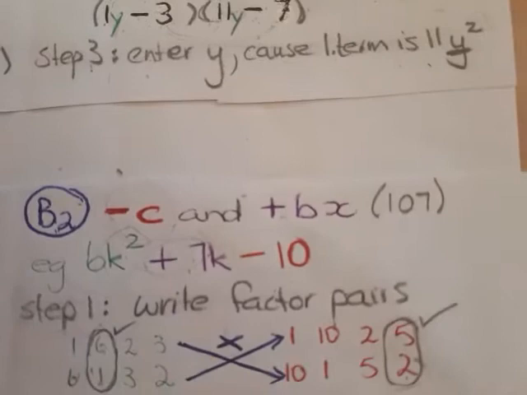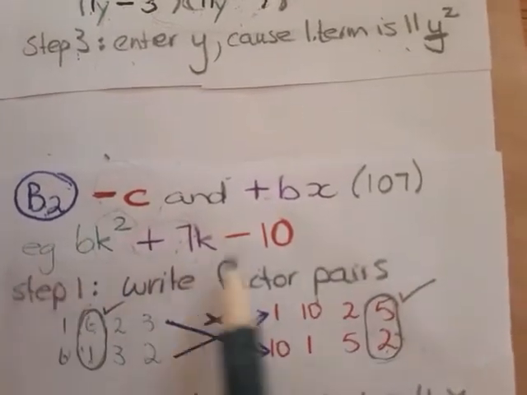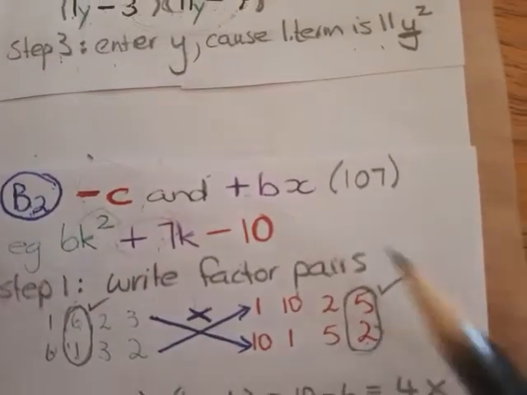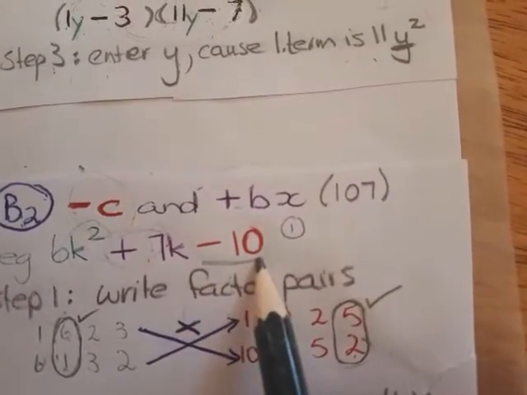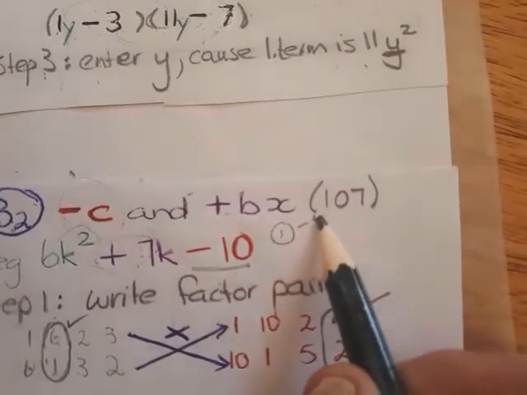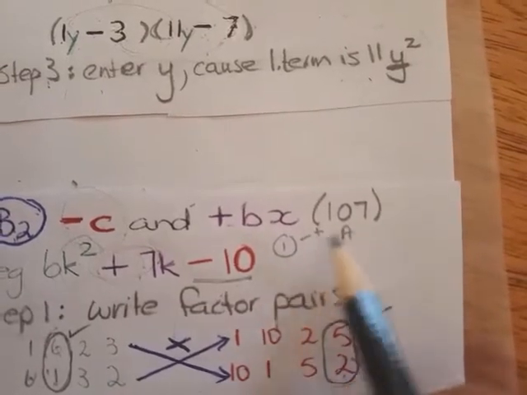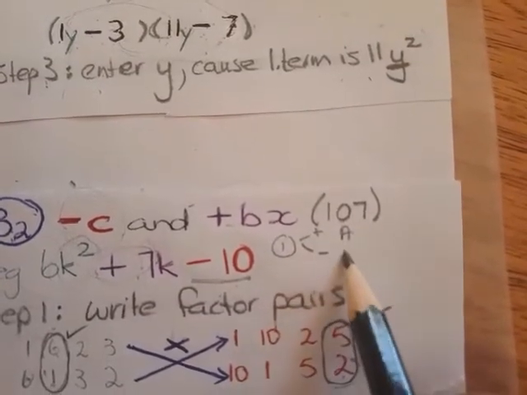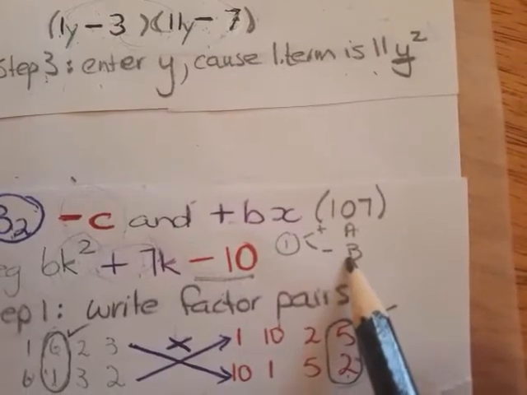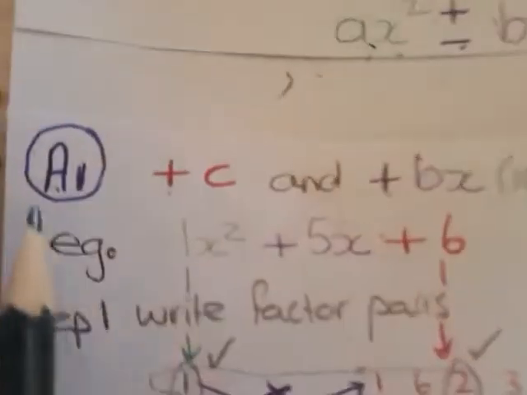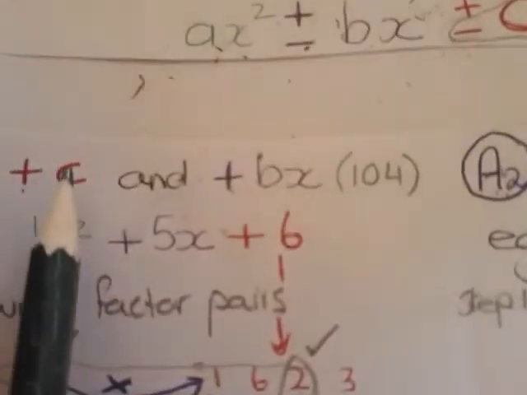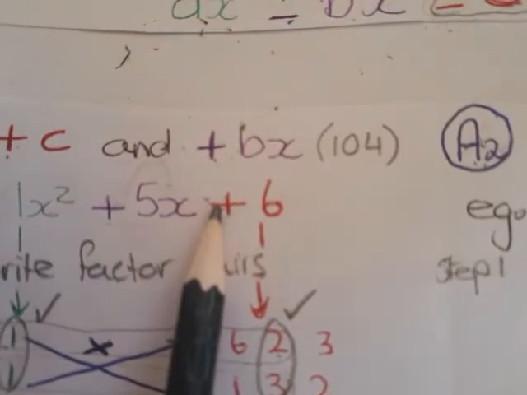So I repeat again, people, if you look at any exercise given, step 1 is to look at your C. If it is positive, then you know it's an A method. If it is negative, then you know it's a B method. Then in A1, you've got 2 positives.